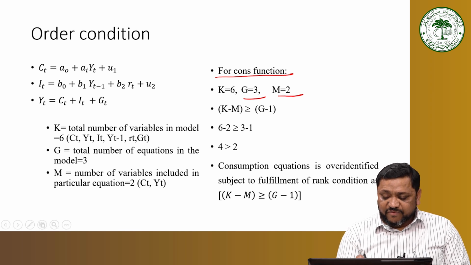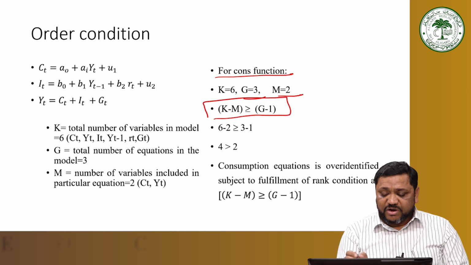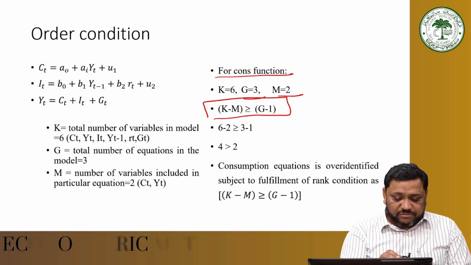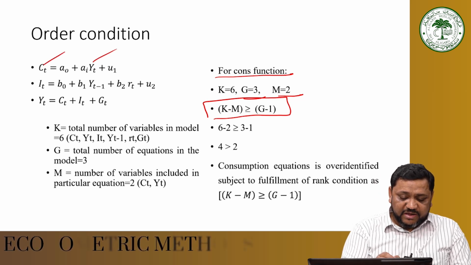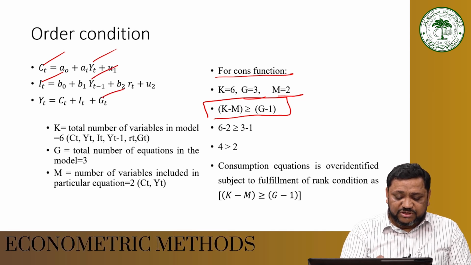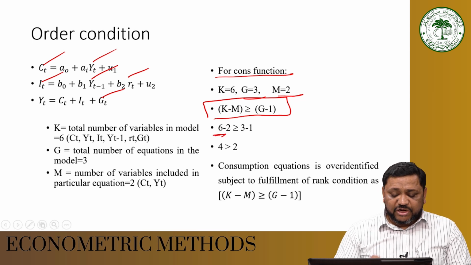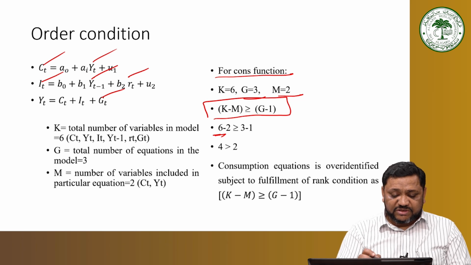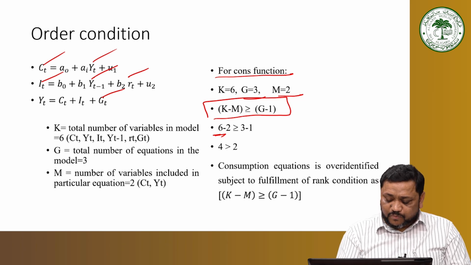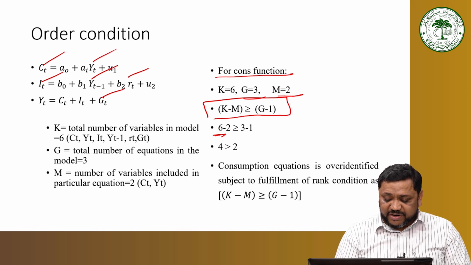So our rule is k minus m should be greater than or equal to g minus 1. So k, how many? Ct, yt, it, yt minus 1, and then these are repeated, so gt and rt. 1, 2, 3, 4, 5, 6. G is the total number of equations in the model. How many are we estimating? 3.